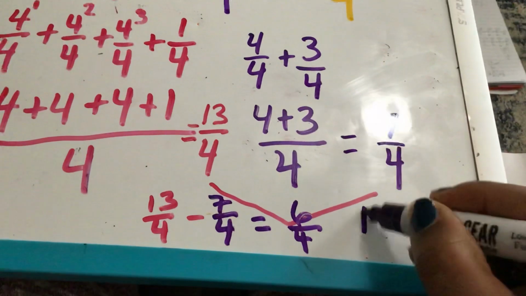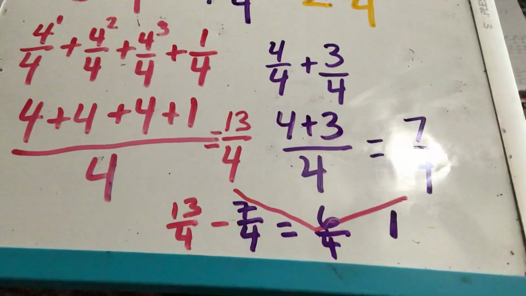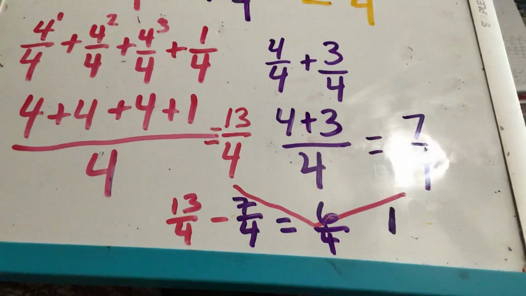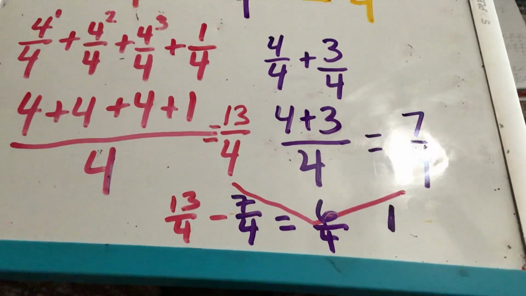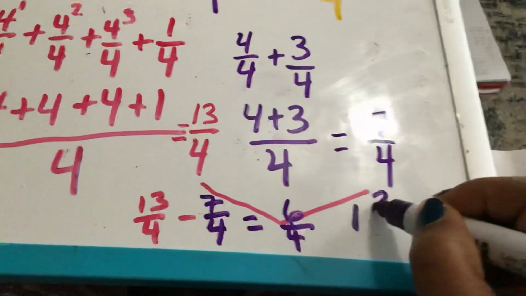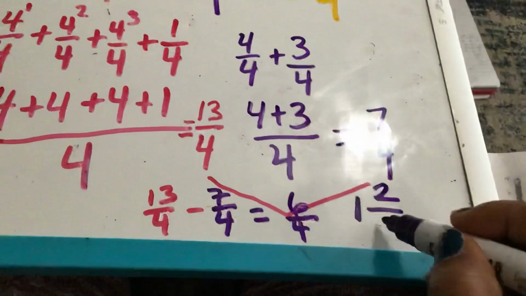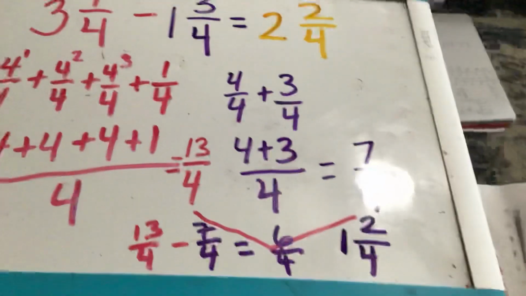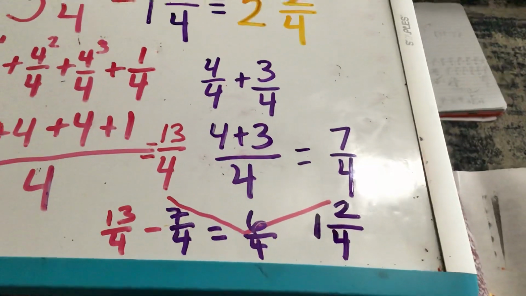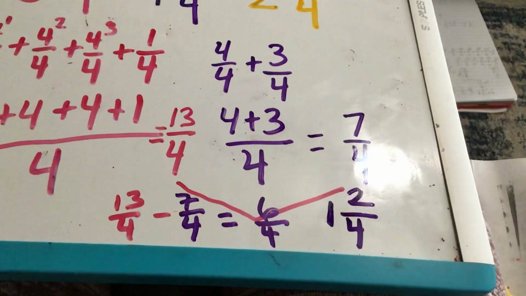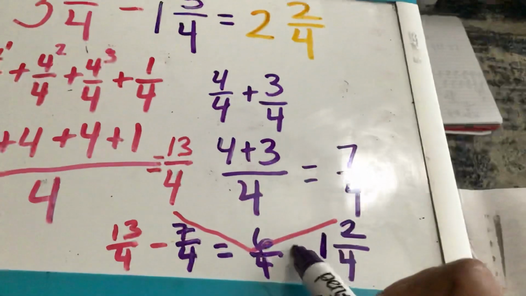That'll be our whole number, 1. How many are left over when you put the 4 into the 6? 2. So that'll be your numerator. And then we keep the same denominator because they're like denominators. And so in simplest form, the mixed number answer is 1 whole and 2 fourths.